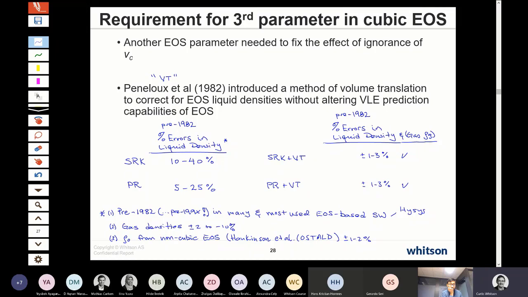So that's kind of the backdrop on this volume shift, and it was something a lot of people missed because it was published in Fluid Phase Equilibria, a European journal, and petroleum engineers basically didn't read it. A lot of us missed it for a long time, and it really was an important advance in equations of state. So I think that's all I wanted to give as a summary.